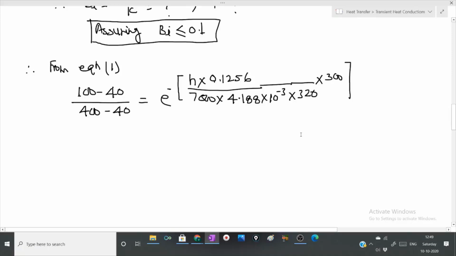Now you can solve this very easily. So I will directly get the value of h. So I got this value as 446.17 watt per meter square Kelvin.